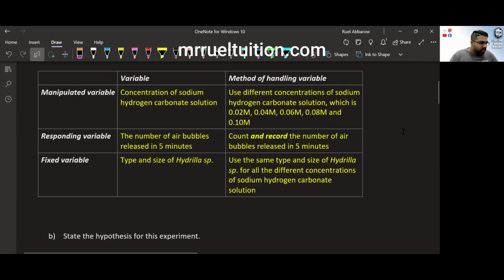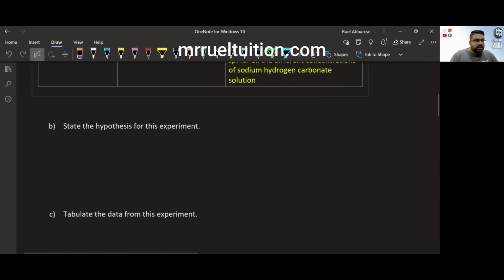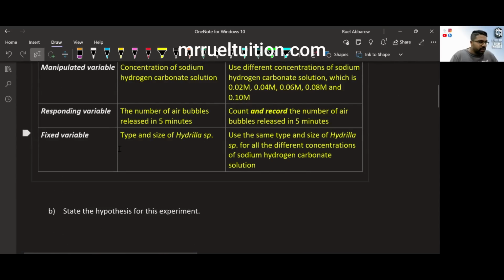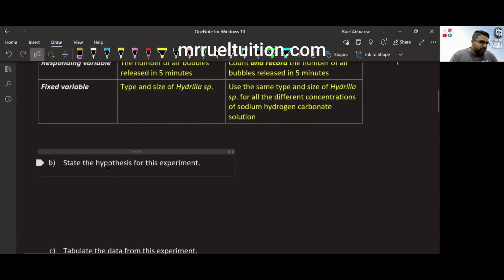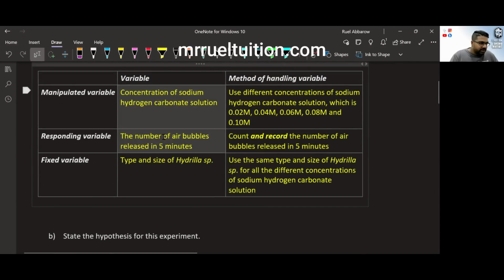That can be a good source of reference on how you should answer this. Okay. All right. Now, next, state the hypothesis. So once we have our MV and our RV, we can state the hypothesis. However, hypothesis is supposed to be a guess. Okay? Hypothesis is supposed to be a guess. So this one, in the textbook, they don't use the practical variables for hypothesis.